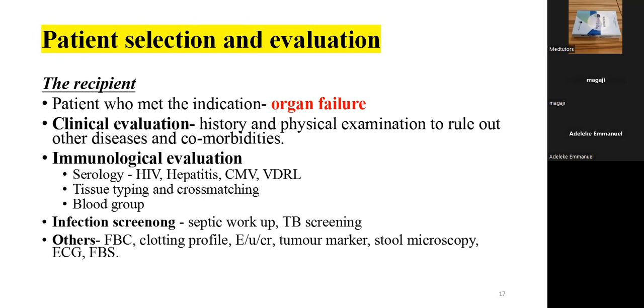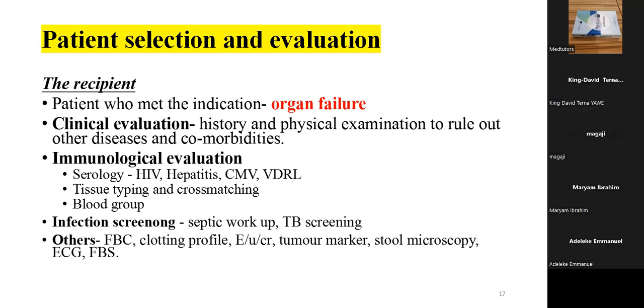Then immunological evaluation. First we do serology: HIV, hepatitis, CMV, and VDRL. It is important to note that HIV infection was previously a contraindication to transplantation, but with the current use of highly active antiretroviral therapy, it is not a contraindication.